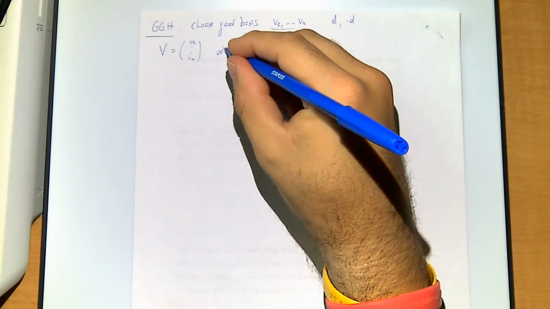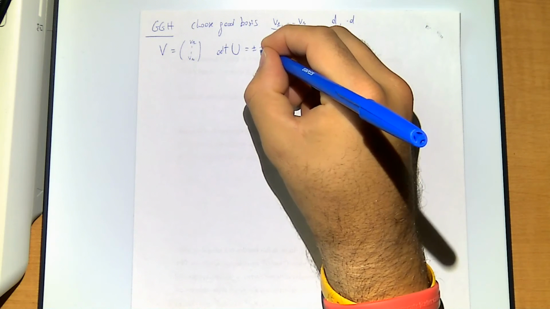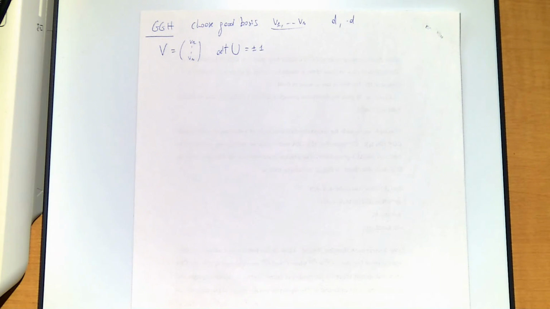Such that the determinant is plus or minus 1. You can do this at random. For example, one way is to create U as a product of many randomly chosen elementary matrices. You can choose one elementary matrix, then another one.